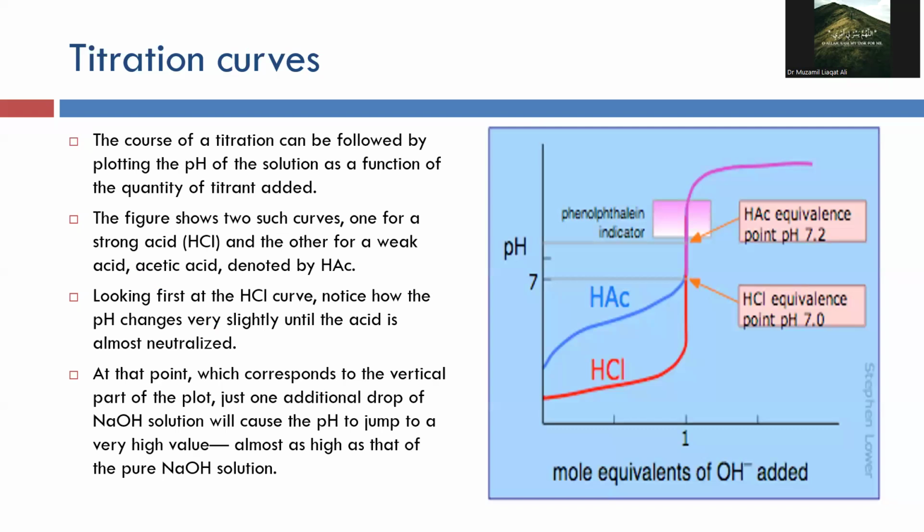So let's move to the titration curve: strong acid versus weak acid. We'll look at the two curves, right? Start with the strong acid, the HCl curve shown in red. It starts at very low pH.